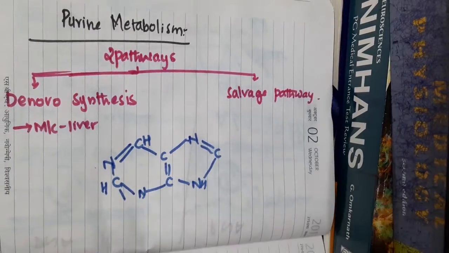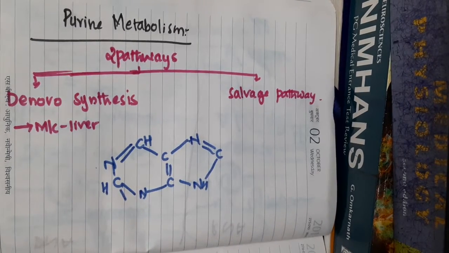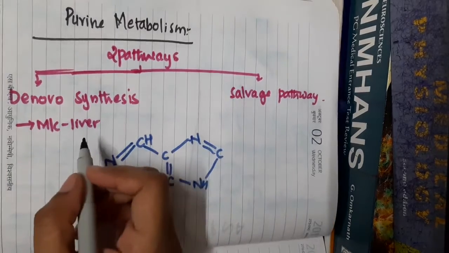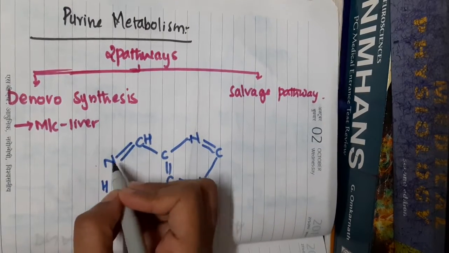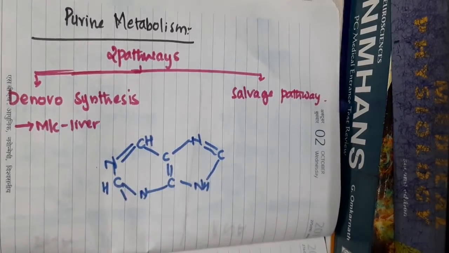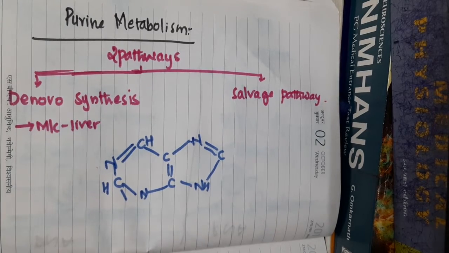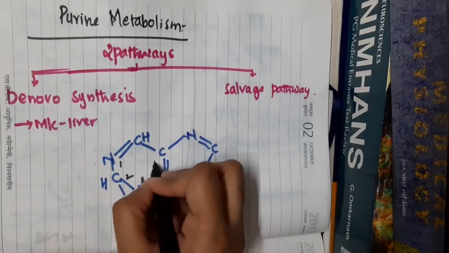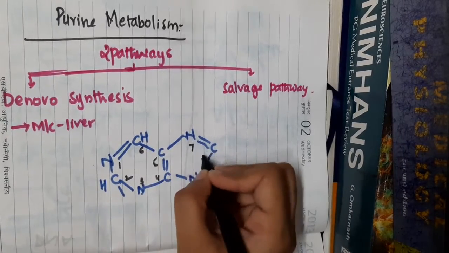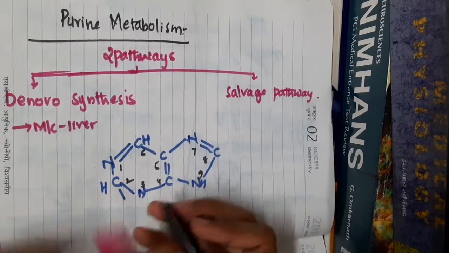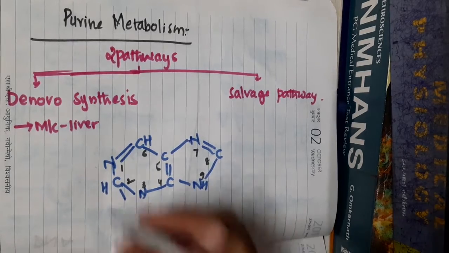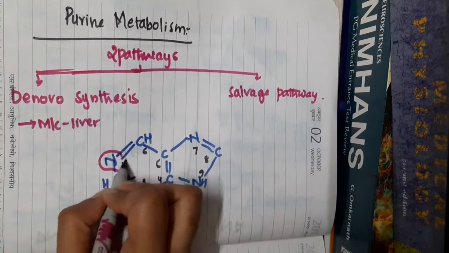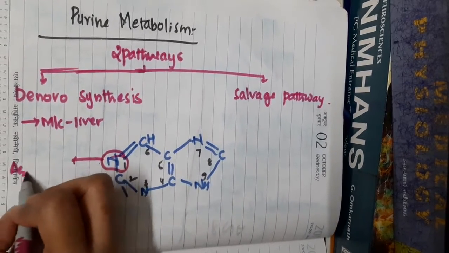So this is the structure of purine. Let me name the atoms: 1, 2, 3, 4, 5, 6, 7, 8, 9. It is a 9-member ring, and this N1 is derived from aspartate.